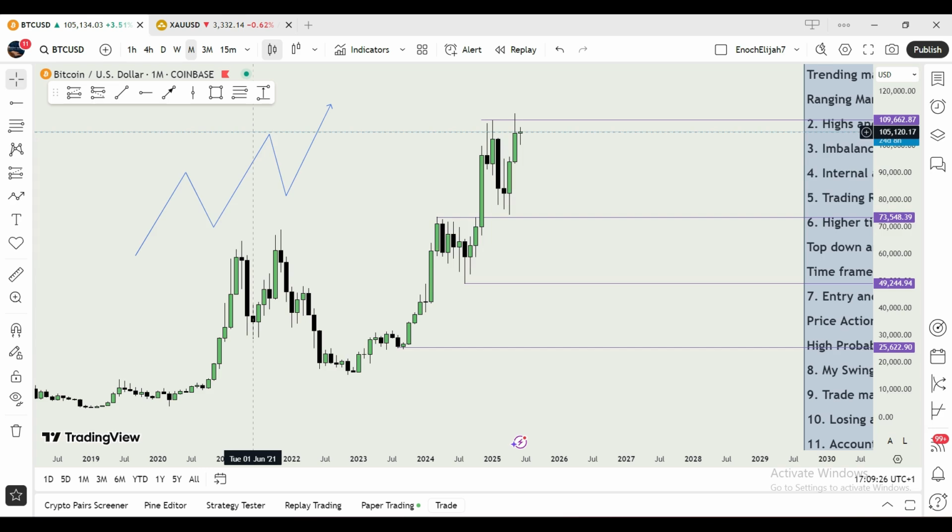Price either retrace to a point of internal liquidity, internal range, or expand to a new high or a new low. Now that process of making a new high or a new low is called external.